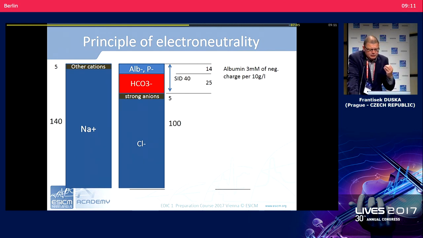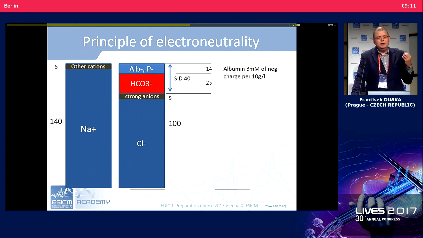If you look at acid-base like this, it can be really eye-opening, because if the difference between sodium and chloride is higher, then because the negative charges on albumin and phosphate are relatively fixed, there must be more bicarbonate.